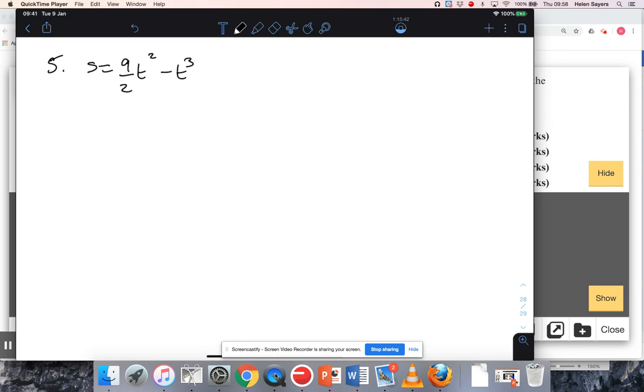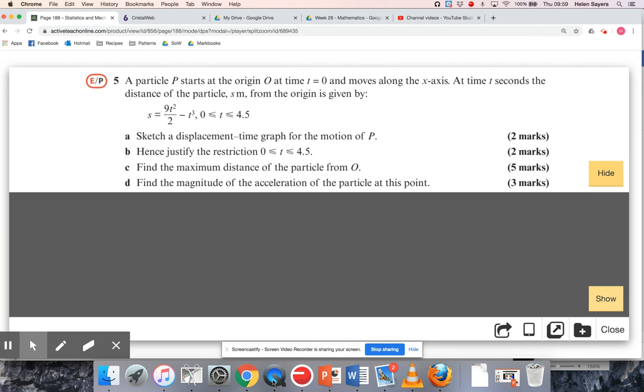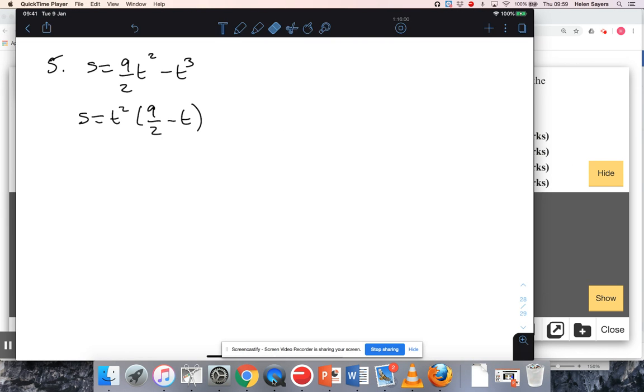So if I want to sketch a cubic, I want it factorised, so I can take t squared out as a common factor. And then obviously 9 over 2 is 4.5, and that was the upper value of t, so that's relevant to this. So I've got a repeated root at t is 0 and a root at 9 over 2.